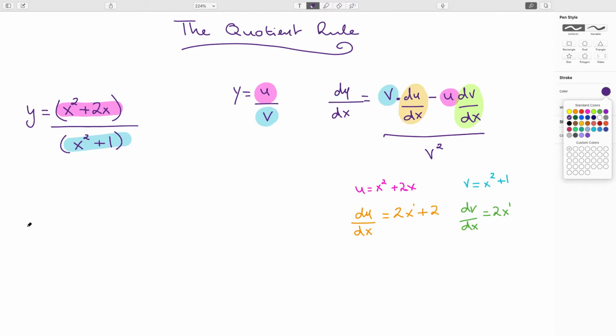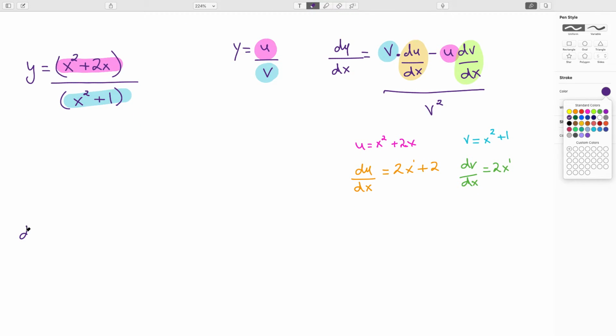So we're going to say then dy dx here is equal to v. So I'm going to track that with the colours again for you. So we're going to say v is x squared plus 1. Du dx worked out to be, if we have a look here, 2x plus 2 minus u.